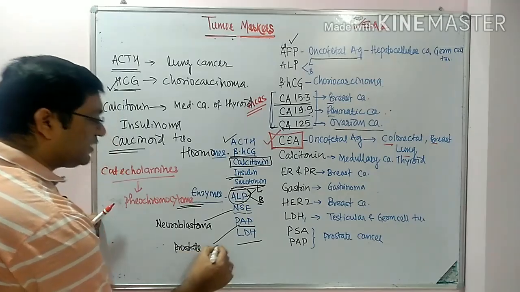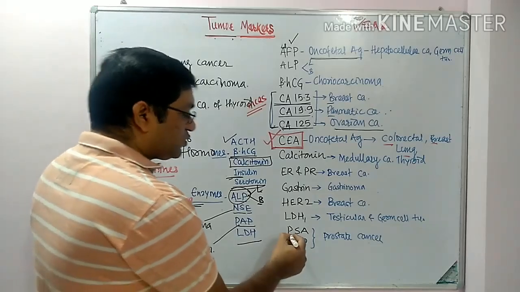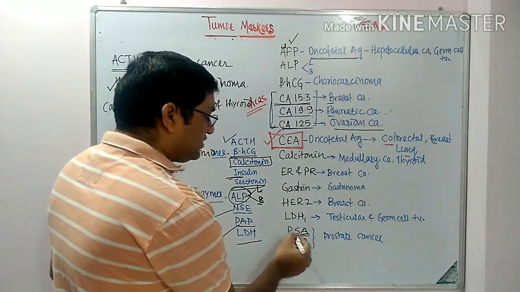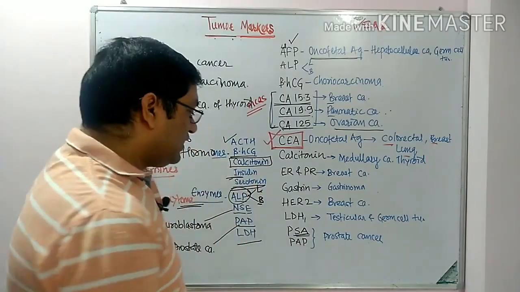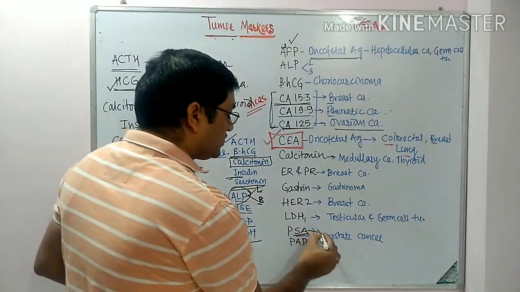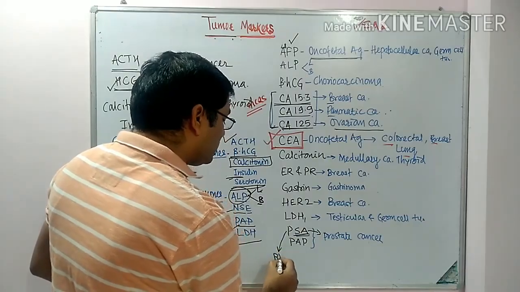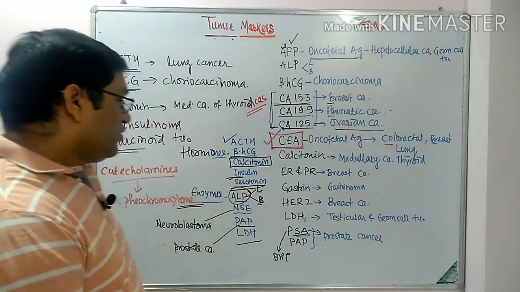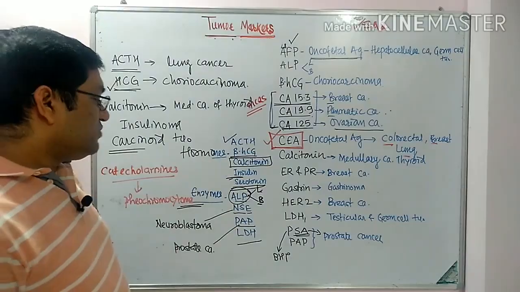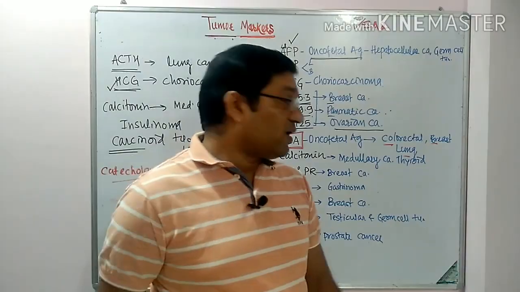Then prostate specific antigen. This is not an enzyme, this is a protein. It is useful in the detection of prostate cancer, and its concentration also increases in benign hypertrophy of the prostate. So these are the enzymes which are used in detection of certain cancers and used as tumor markers.